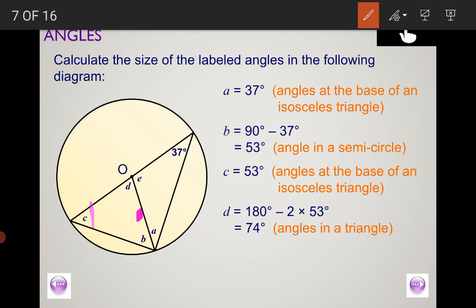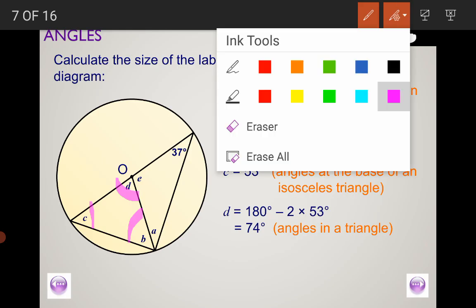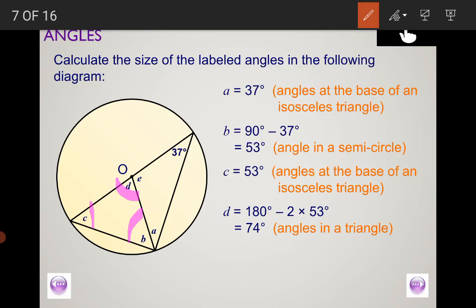This angle here plus this angle here plus this one is 180 degrees. But we know that this angle here is 53. We just worked out this one is also 53. But if the angles add up to 180 degrees, including this one here, what will be the value of D?